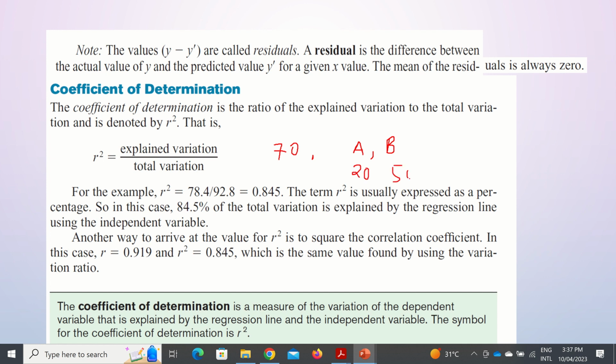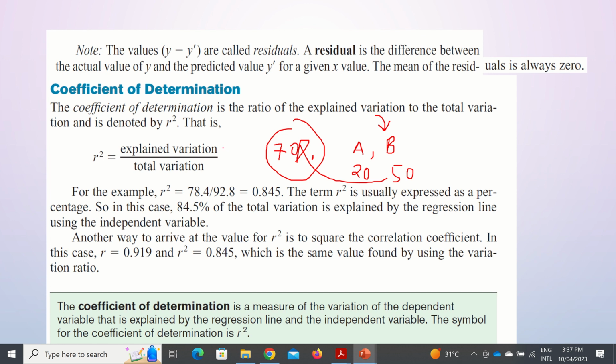What fraction of this total variation is coming from B? You will simply find 50 divided by 70, and if you multiply by 100, that will be converted into a percentage.